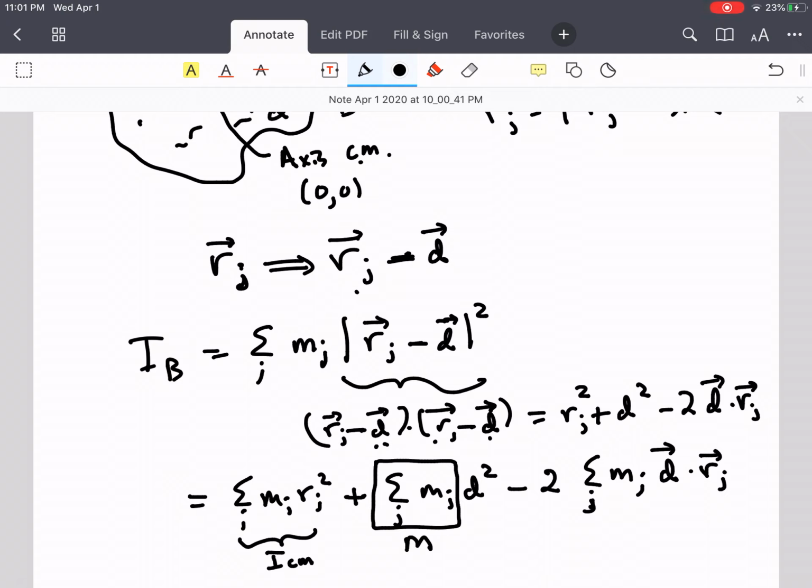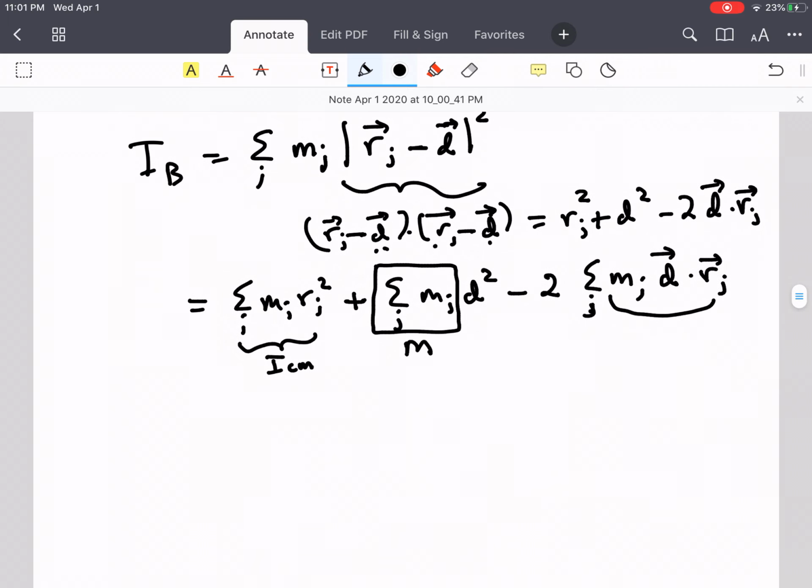And this is where it gets a teeny bit tricky. The thing that I can tell you is that the dot product has a certain associative property, which is that if I have mj times d dot rj, I can also write that as d dotted with mj times rj. That's just saying that I can multiply the constant before or after I take the dot product.